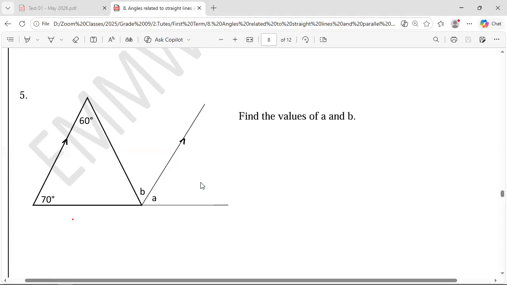Please send me the answer. Find the values of A and B.